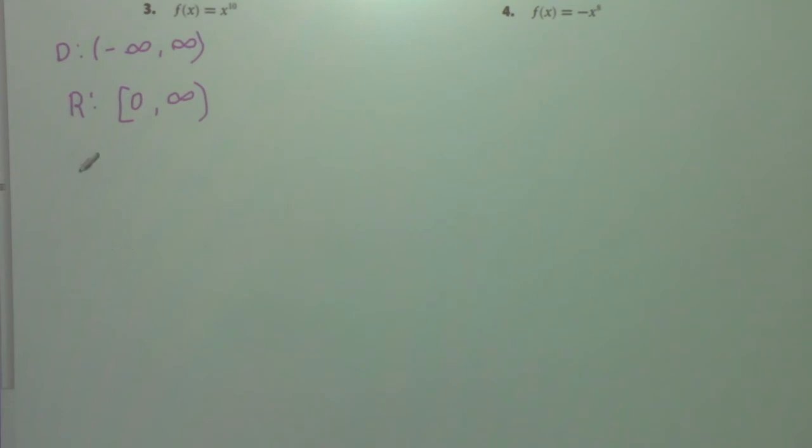Next one here, end behavior: as x approaches infinity, f of x approaches infinity; as x approaches negative infinity, f of x approaches infinity also, right? Oh, you got it. Okay, questions on that? So in half a minute, I'm going to call somebody to do number 4. Good job, Chloe.